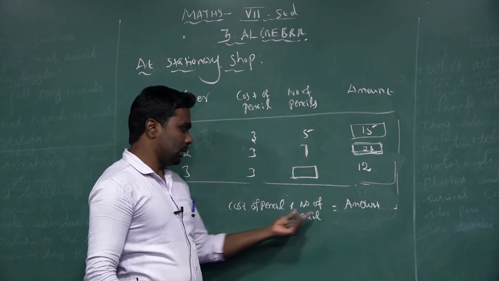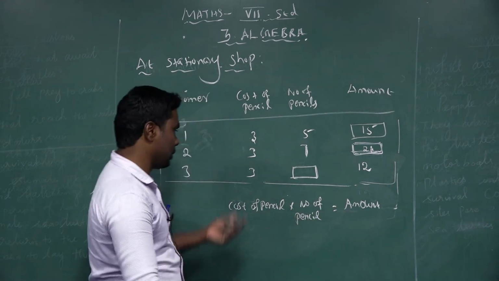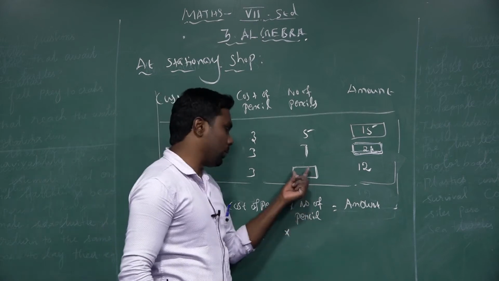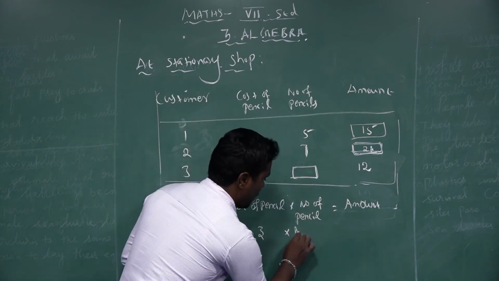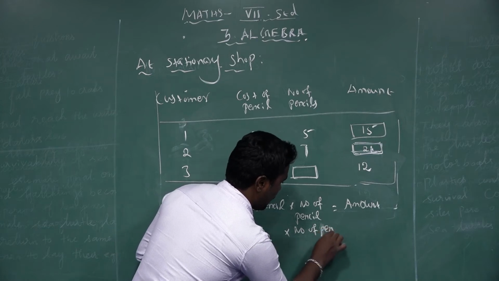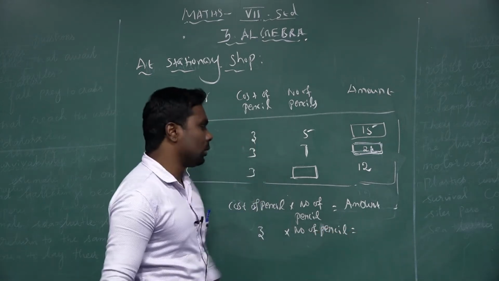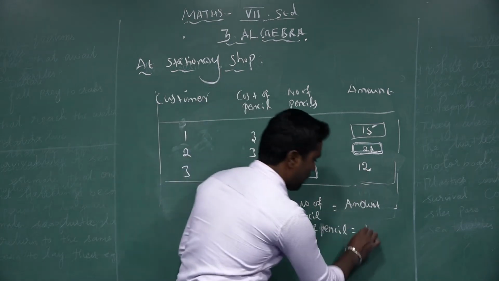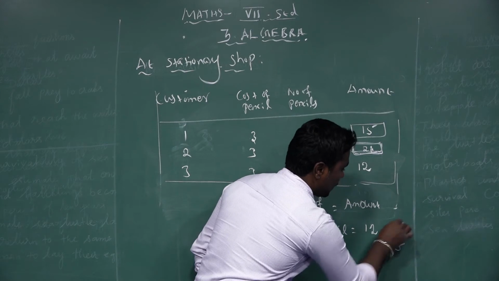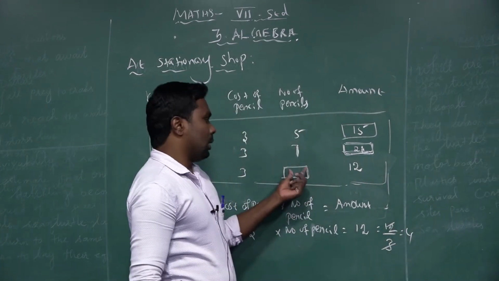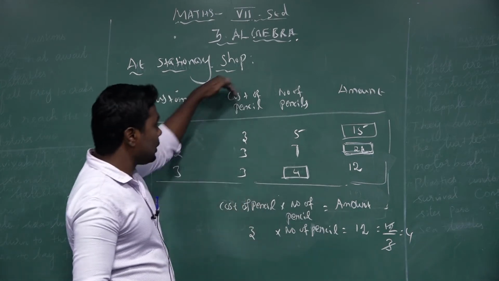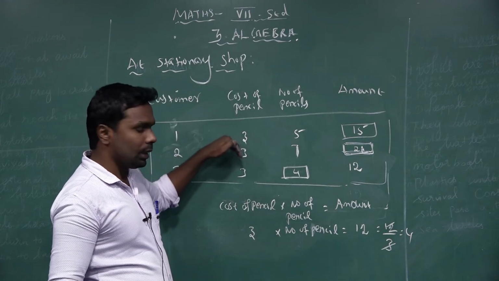The cost of a pencil is 3. And how to find the number of pencils? Number of pencils equal to amount, here 12 rupees. So now divide 12 by 3, we get the number of pencils, 4.